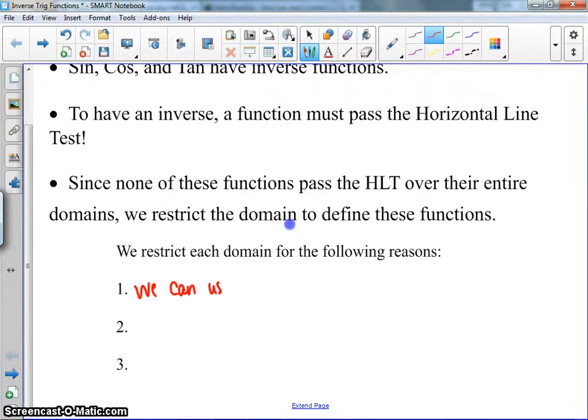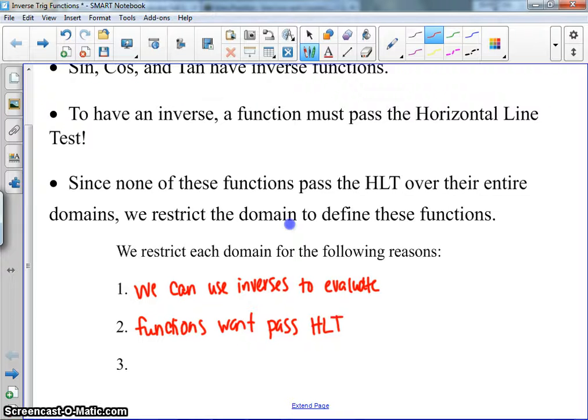We can use inverses to evaluate, which is the main reason. The second thing is we're going to restrict these functions because the functions won't pass the horizontal line test over the entire domain, which basically means if we took the whole function it's not going to pass the horizontal line test, so we just want to look at part of it that will.